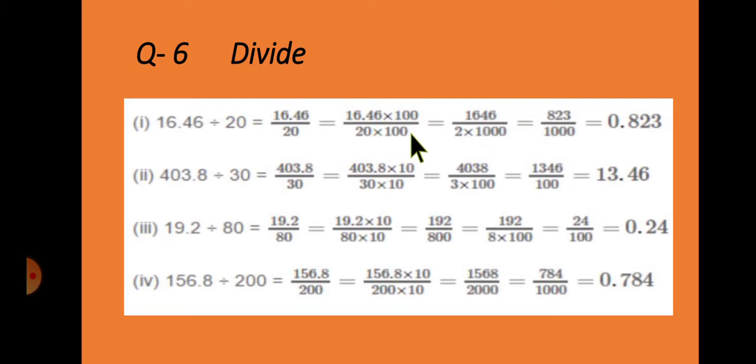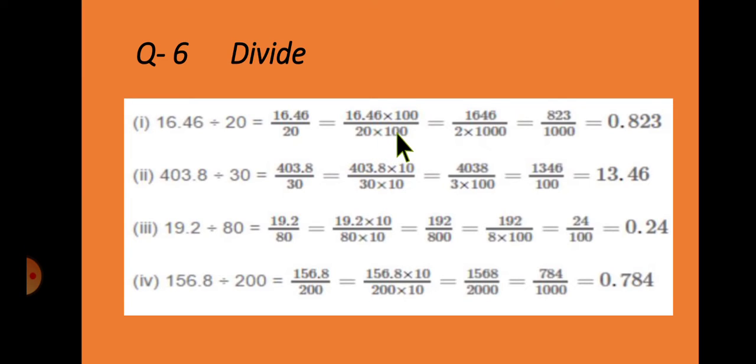That's why we will multiply the numerator and denominator by 100. So we will shift our decimal right side two places because we are multiplying by 100. I already explained when we multiply by 10, by 100, by 1000, we shift our decimal to the right side.